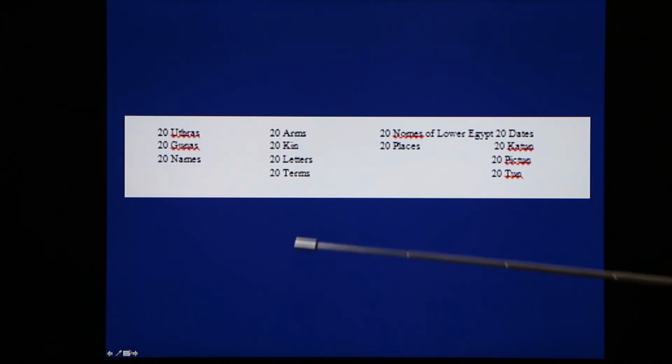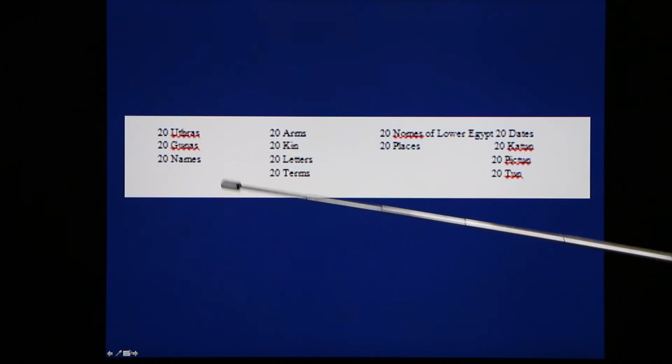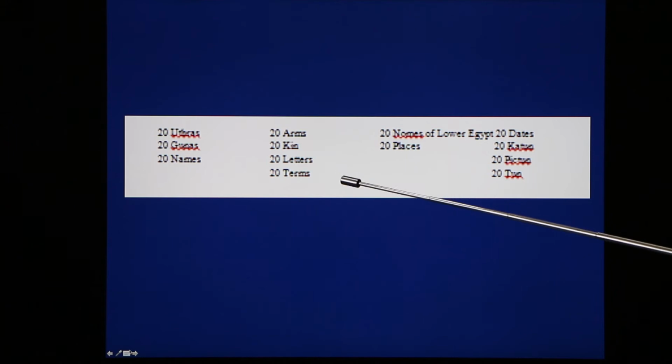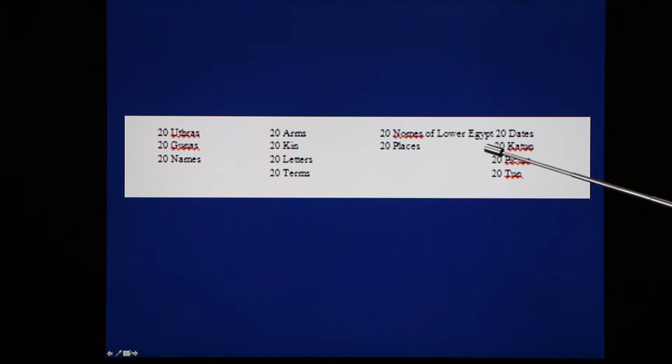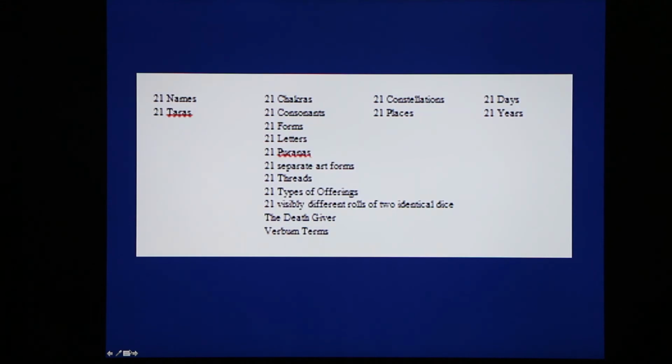20. Uthras, gunas, names, arms, kin, letters, terms, nomes of Lower Egypt, so that's the equivalent of nakshatras, places, dates, katon, picton, tun. These are now divisions of time amongst the Maya. 21.